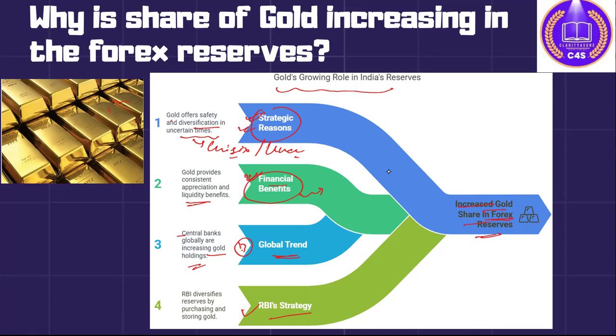The fourth one, RBI's strategy. RBI diversifies its reserve by purchasing and storing gold, which means RBI is not relying only on increasing FCA. So it is diversifying, and it is more encouraged to purchase and store gold in our country.